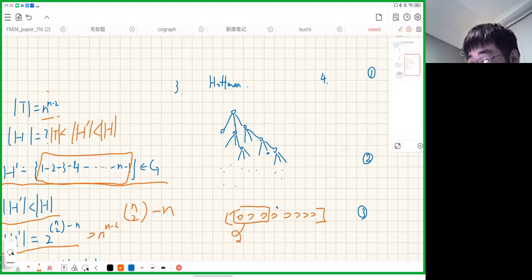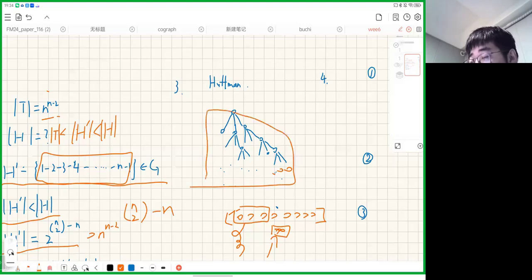Remove them from the list and add a new one, which means there are 3, with the frequency being the sum of these 3. And this 3 should be the children, the lowest leaves of the tree. We keep doing this until the list is empty. We create this tree, and this tree gives us our prefix code.